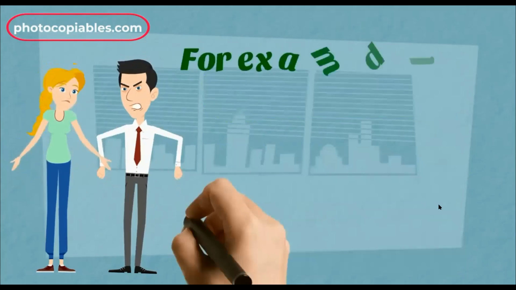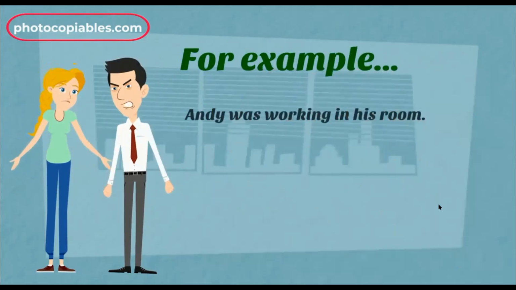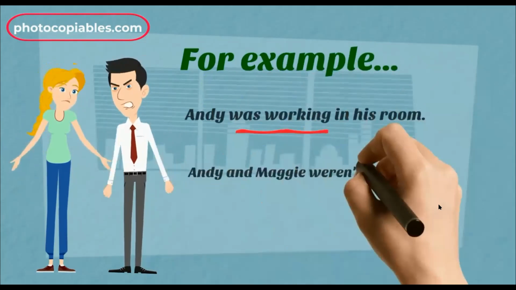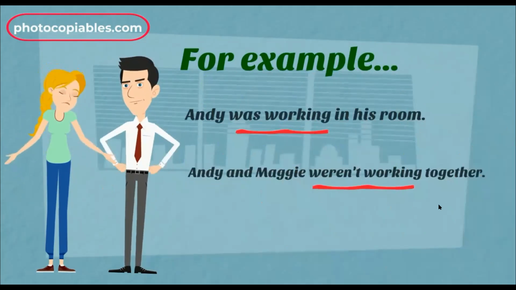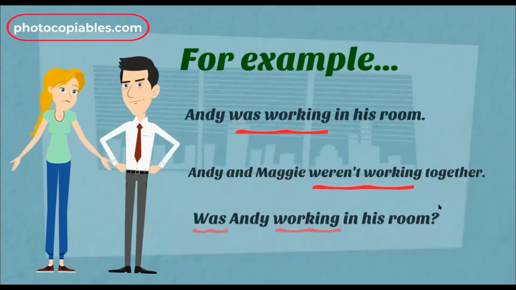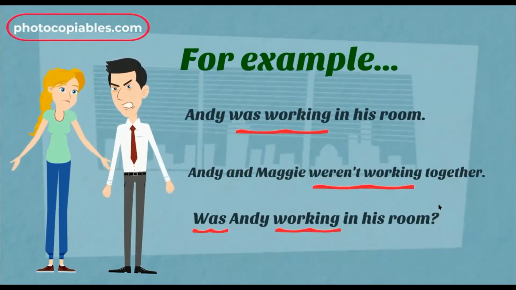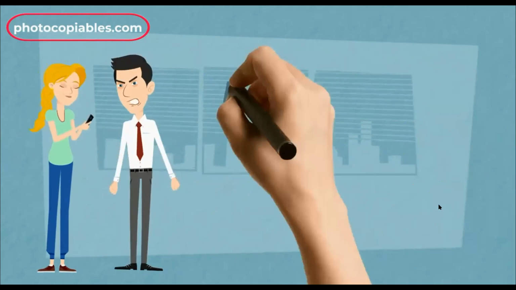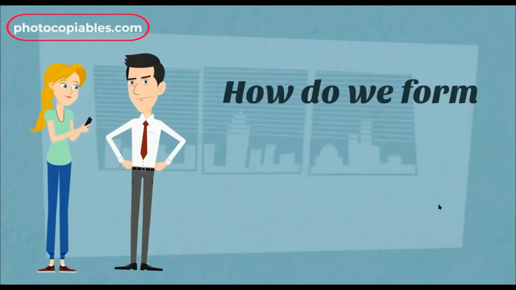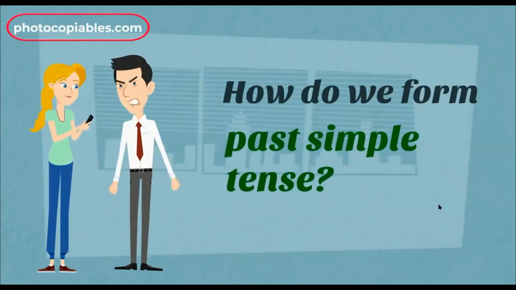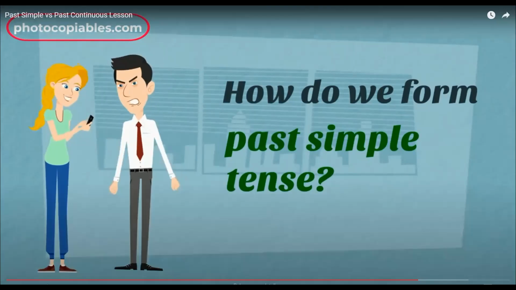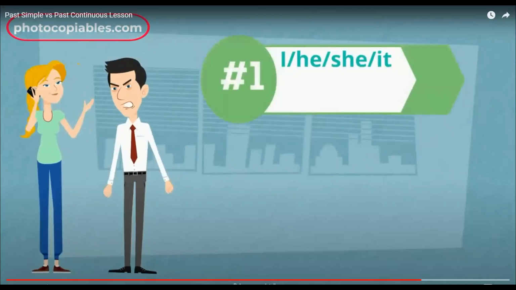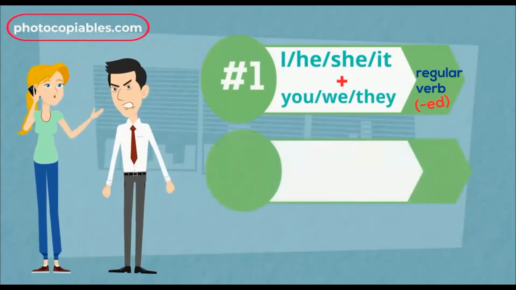For example, Andy was working in his room. Andy and Maggie weren't working together. Was Andy working in his room? How do we form past simple tense? The verb can be either a regular or an irregular verb. It doesn't change with the subject.